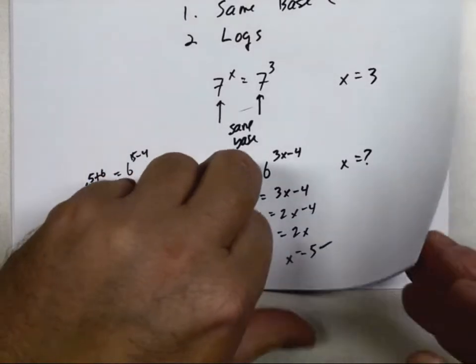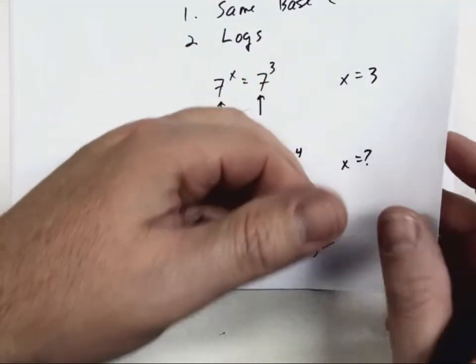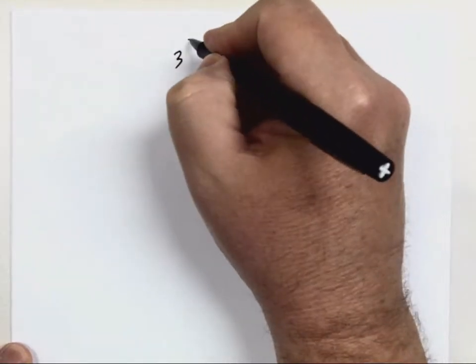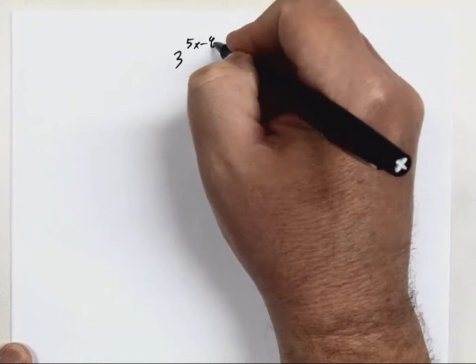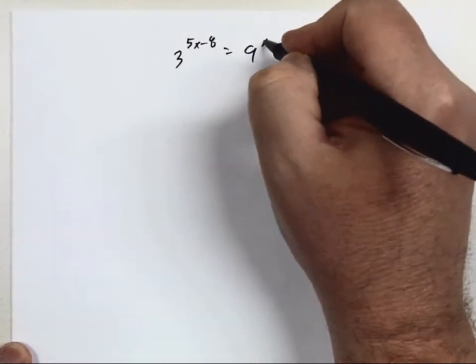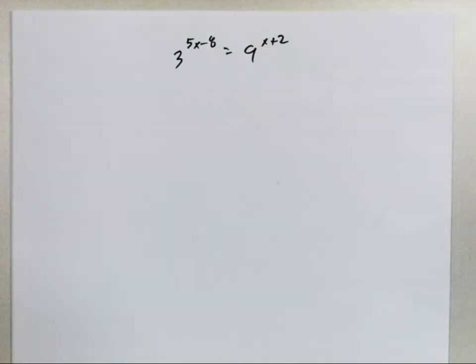Now let's look at this third problem I have up here. Now that we're learning how to solve these kinds of equations, let's look at how we would solve this one. Three to the 5x minus 8 equals 9 to the x plus 2.